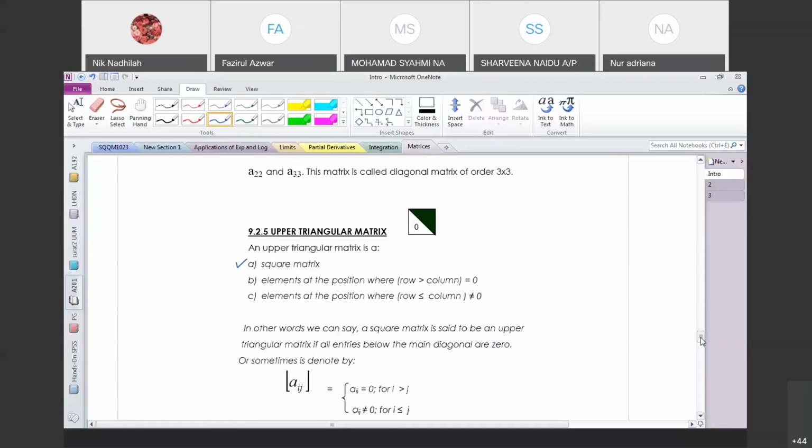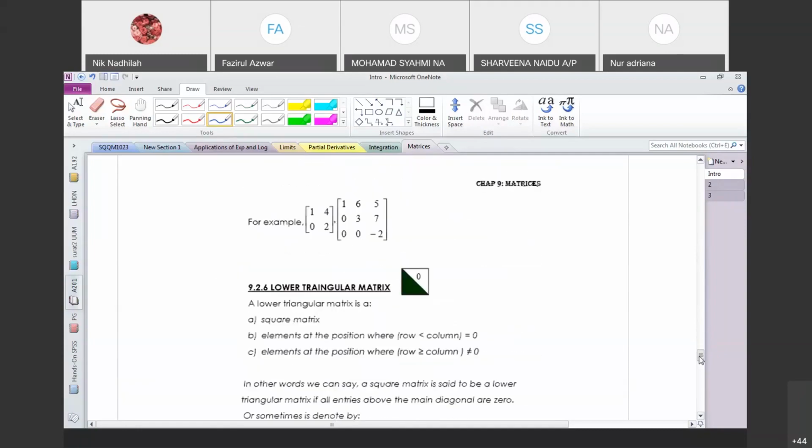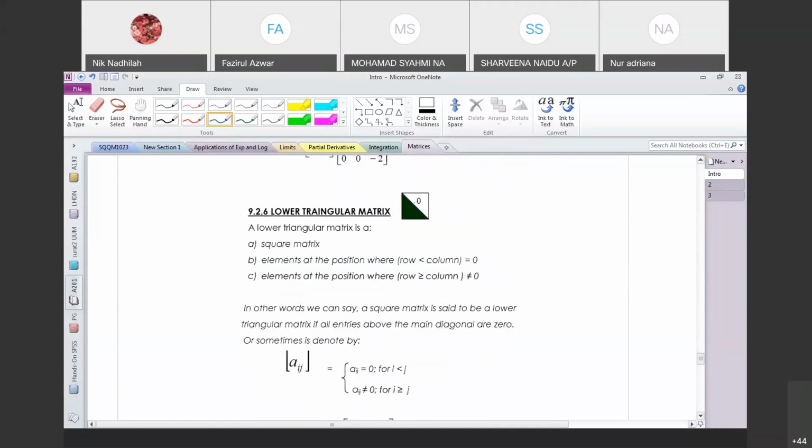Okay, or if you have the other way around, if the lower side of the matrix are non-zero, then this is lower triangular matrix. Okay, so the lower or upper is referring to the location of the non-zero elements.